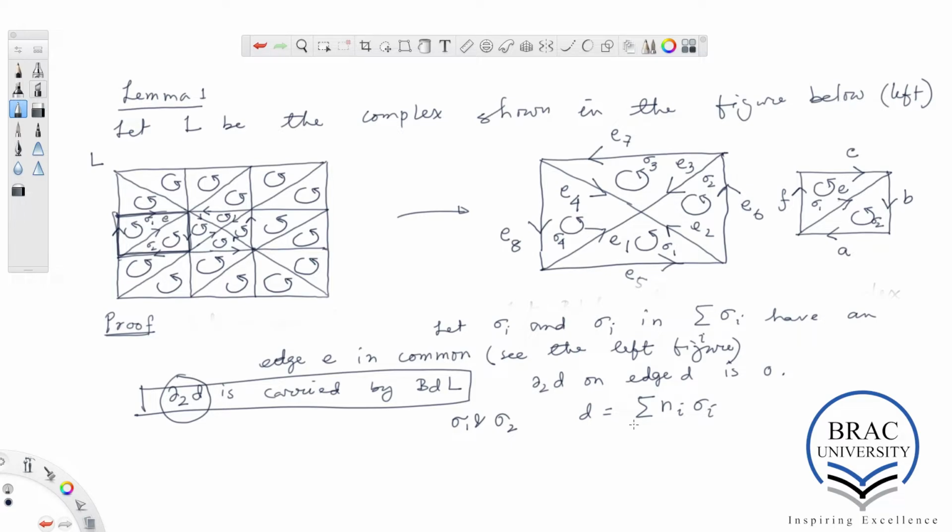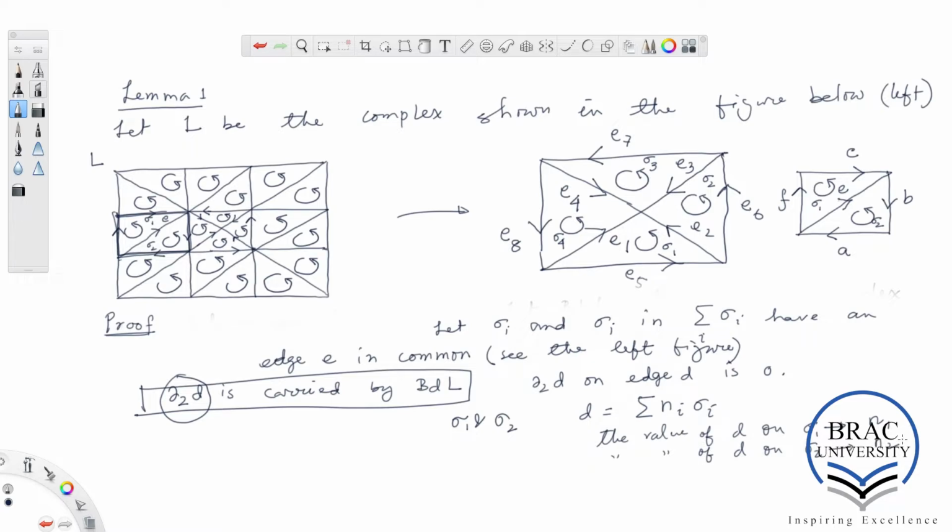So the value of this two chain D on sigma 1 is n1, while the value of this two chain D on the two simplex sigma 2 is n2.